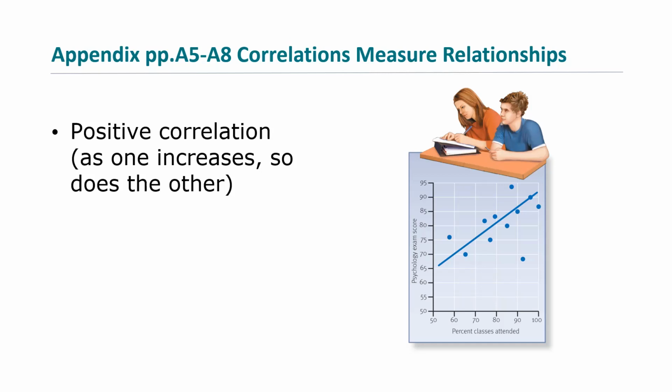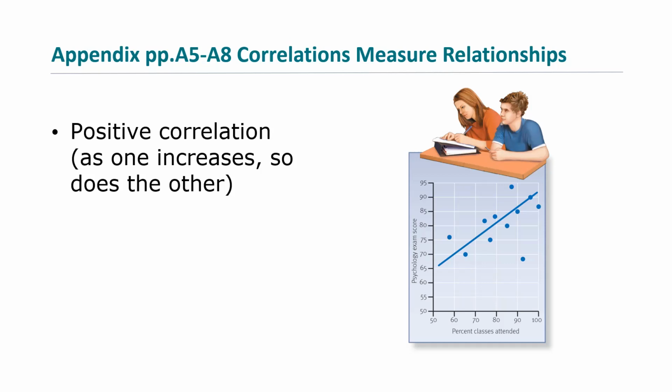Here's an example of a positive correlation. They looked at the percent of classes that students attended and their psychology exam scores. As you can see, if people attended more classes, as you move to the right along the bottom, then you move up to where the dots are, and they scored higher.